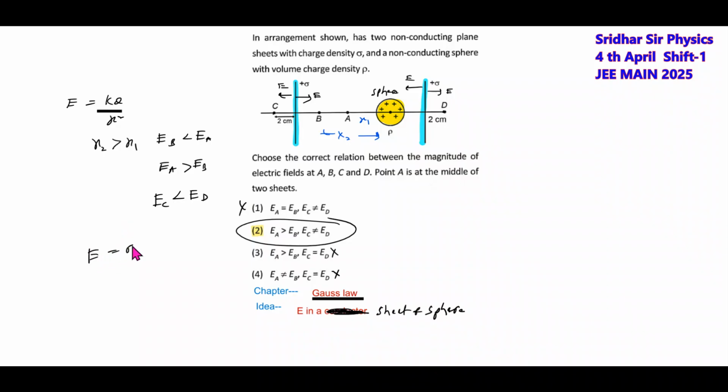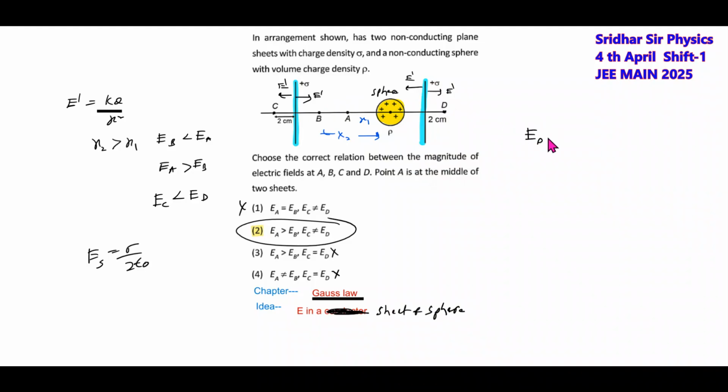Electric field due to a sheet is sigma by 2 epsilon naught. Electric field due to the sphere is this one. Due to the sphere, due to the sheet, call it E dash. Now once again I'll make it clear. The electric field at point A will be only due to the sphere. The resultant will be only due to the sphere at A and B. So therefore we'll conclude here. Whereas at D it will be due to both the sheets as well as the sphere. Due to the sheets, the fields will add up. So I'll write down the equation.